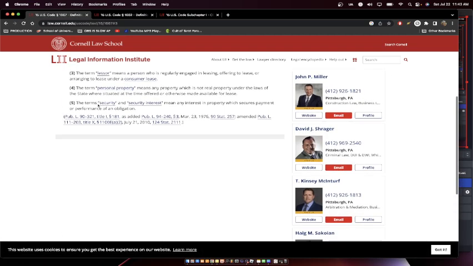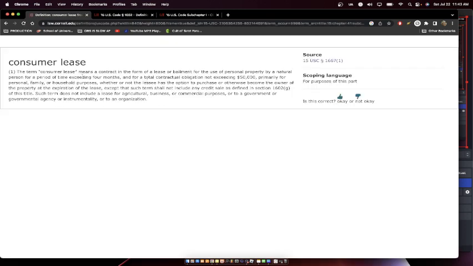The term lessor means a person who is regularly engaged in leasing, offering to lease, or arranging to lease under a consumer lease. The term consumer lease means a contract in the form of a lease or bailment for the use of personal property by a natural person for a period of time exceeding 4 months.